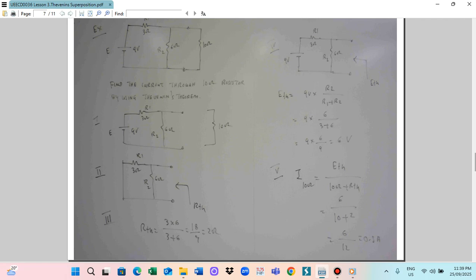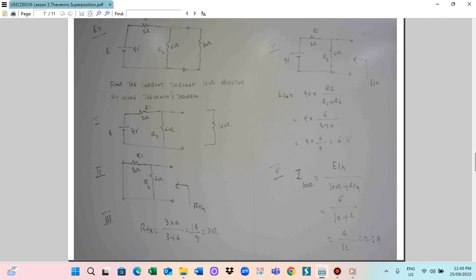And after that, reconnect the source and find the voltage across the terminal. So we reconnect the source, the 9 volt source. R1 is 3 ohm, R2 is 6 ohm. So this voltage will be ETH.